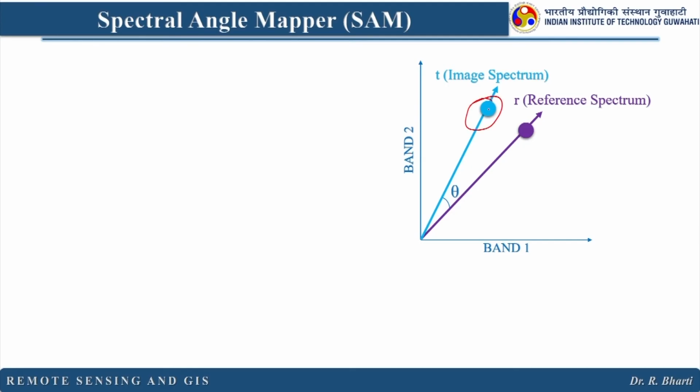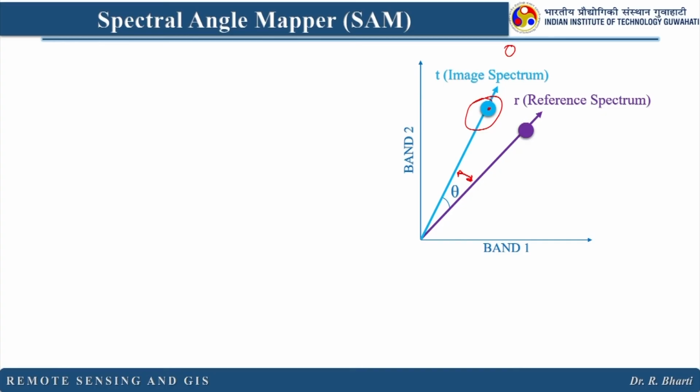So this particular position may change when you change the value to percentage, or if you use a multiplicative factor. In that case this particular pixel location may come here, but this is not going to affect the position or the angle between these two. So in that case it is very safe to use spectral angle mapper.